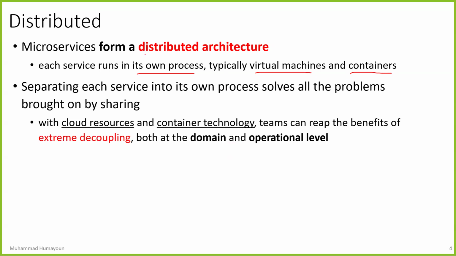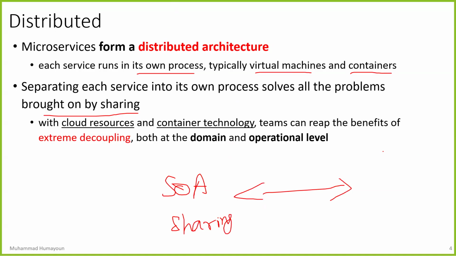So why do we do that? Because separating each service into its own process solves all the problems brought by sharing. Service-oriented architecture was all about sharing, and that was one extreme. Now we are at the other extreme.